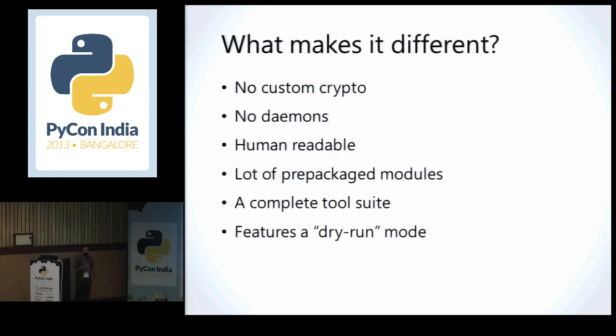Now, there are a couple of alternatives. I wouldn't say they are alternatives; actually, Ansible is an alternative to them, because the way most of the DevOps community uses it, tools like Chef and Puppet are much more popular. But there is something different about Ansible. The first thing is that it doesn't need any custom crypto library or custom crypto infrastructure.